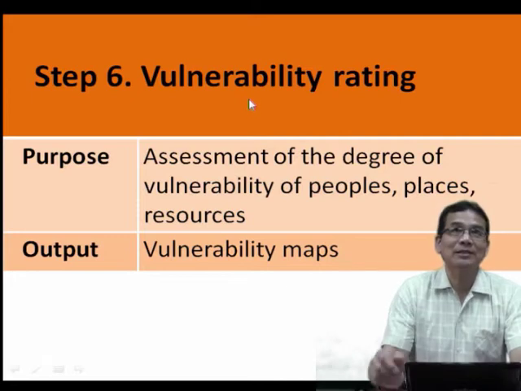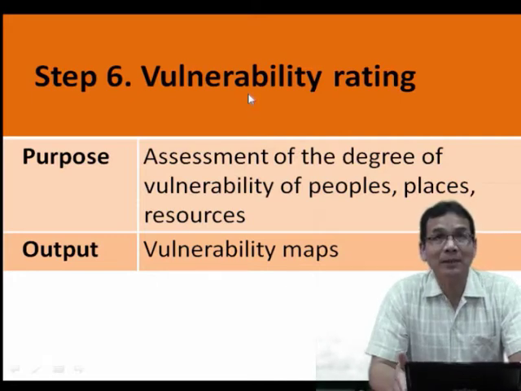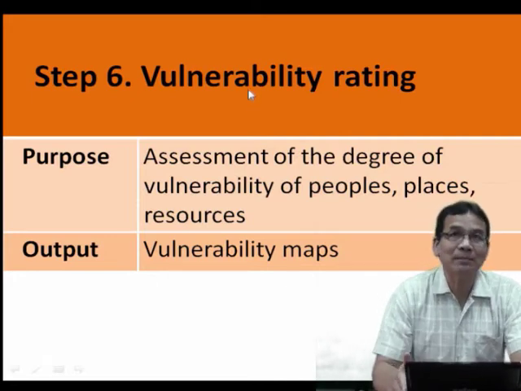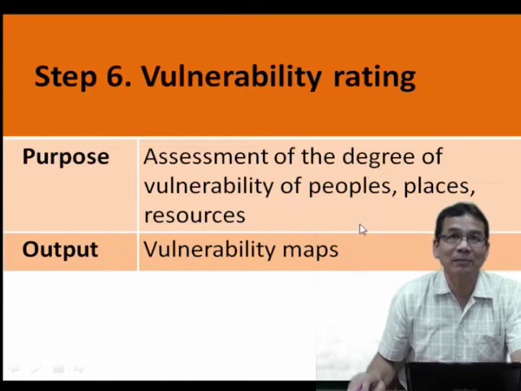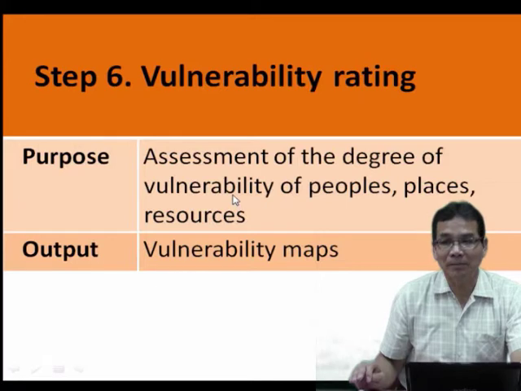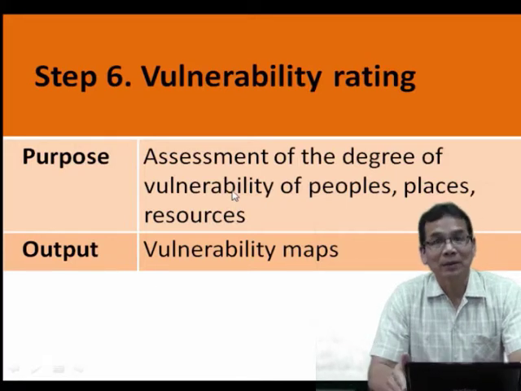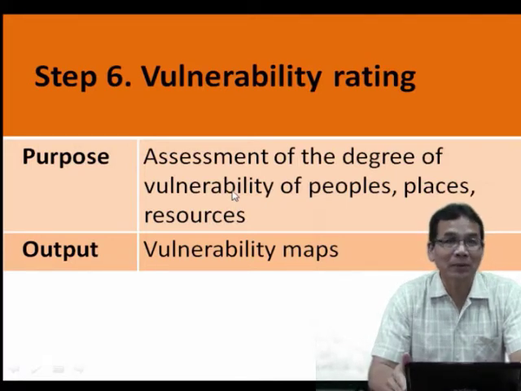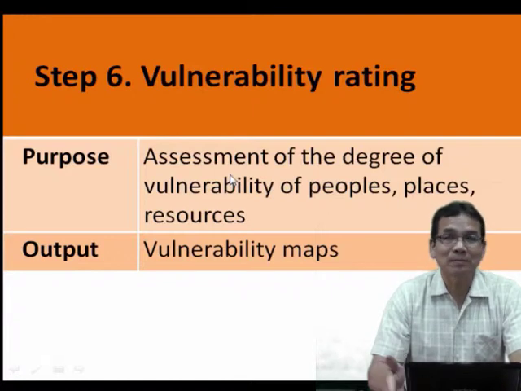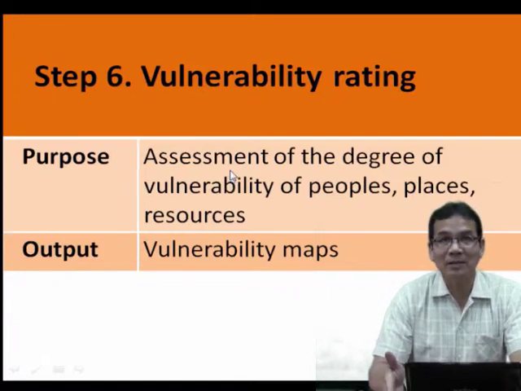Step number 6 is on vulnerability rating. The purpose of this step is to assess the degree of vulnerability of peoples, places, resources. If you recall in the previous steps, what we have identified are people who are actually exposed to certain climate risks, and people who are supposed to have varying adaptive capacity.